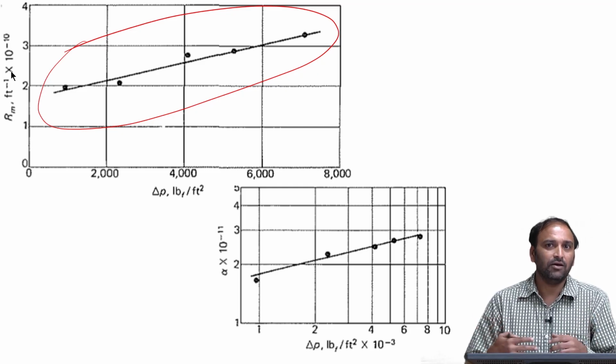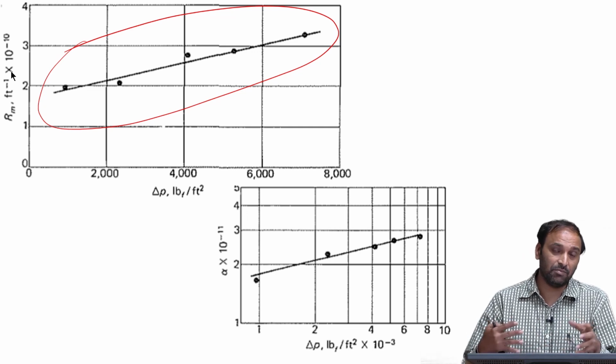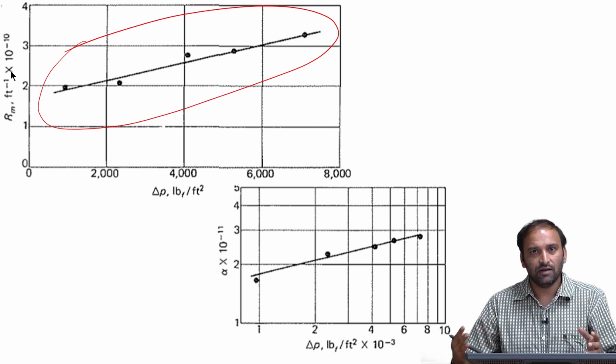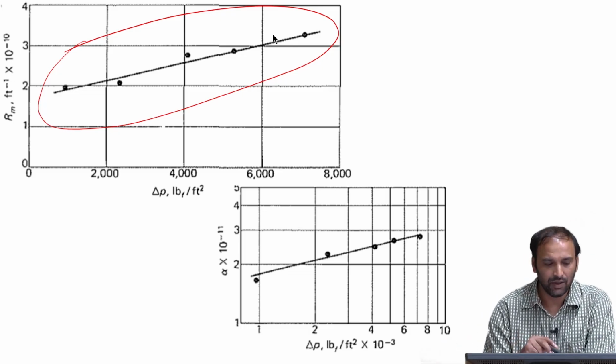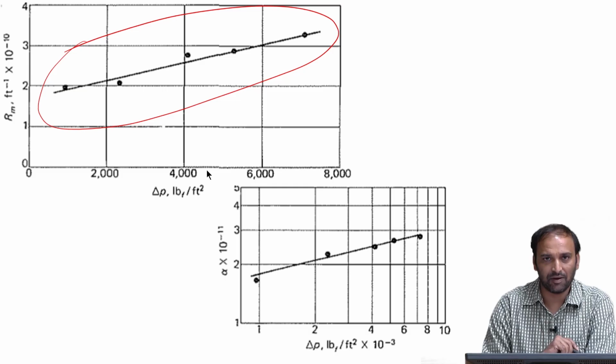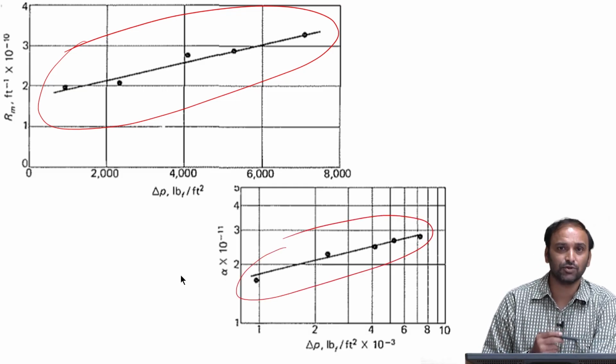That means some pores could be clogged by the particles because of the higher pressure drop I have applied. That is why you see some variation of Rm with the pressure drop, and similarly alpha, the specific cake resistance, also changes.